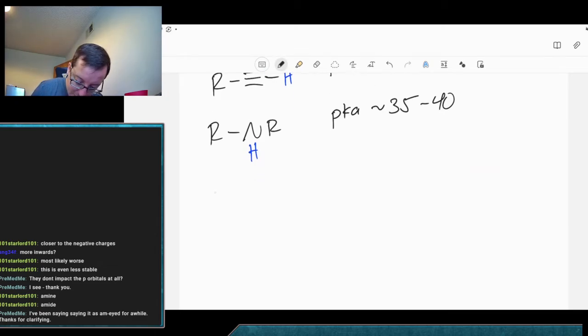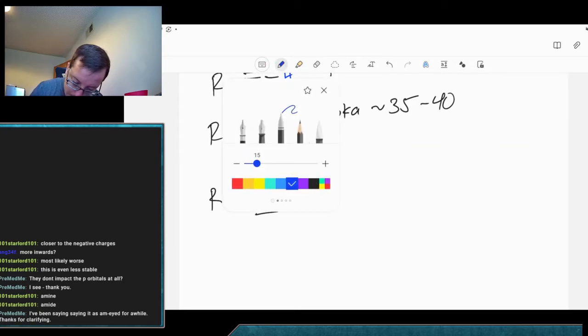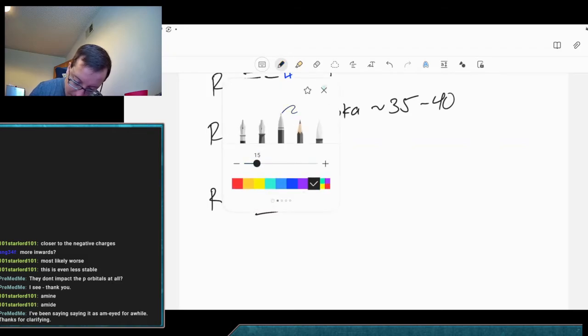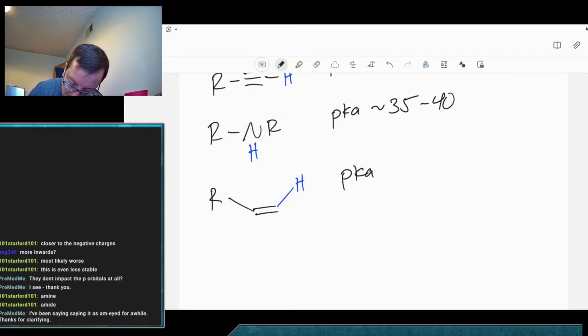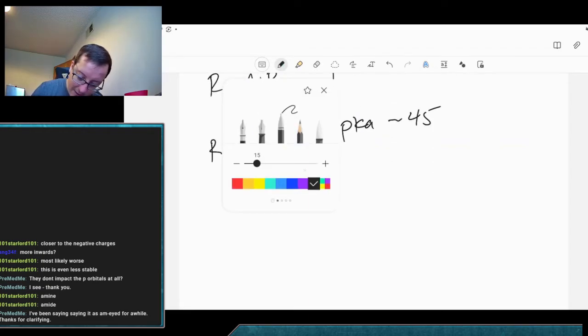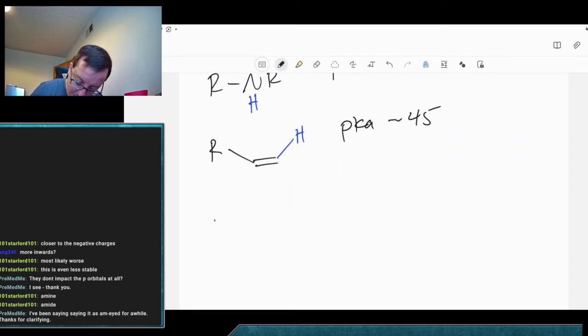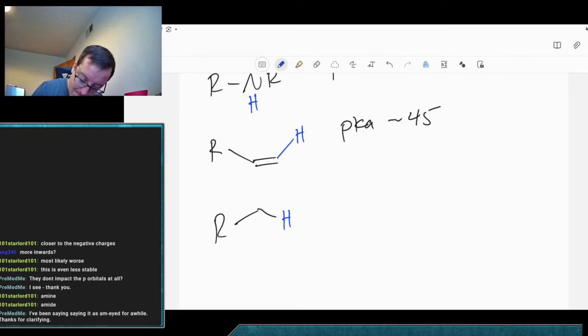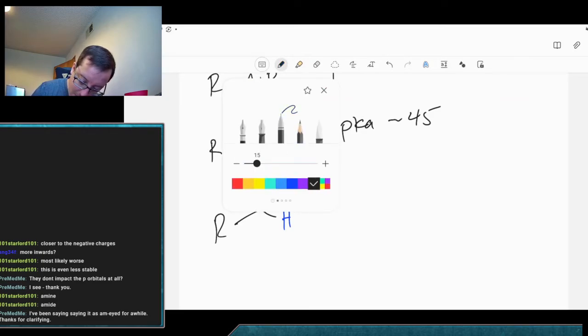If we go now to alkenes, those we're looking at about 45 or so. And then finally, just a plain old normal carbon-hydrogen bond, that's about 50.